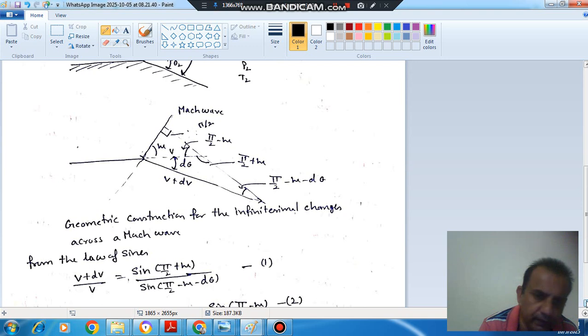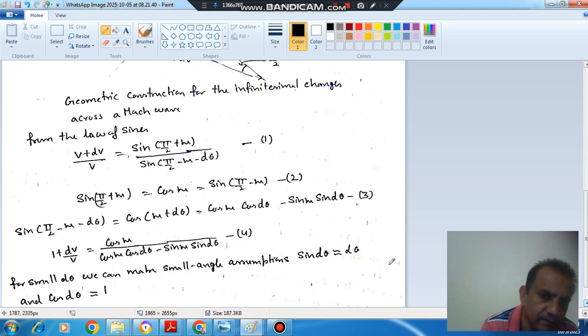So now we can modify sine of pi by 2 plus mu as cos mu, okay, and this as cos of mu plus d theta, and we can further apply the formula of cos a plus b, cos mu cos d theta minus sin mu sin d theta. This is equation number 3, and putting here, this will become equation number 4.